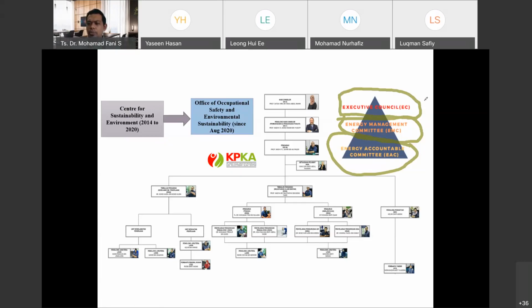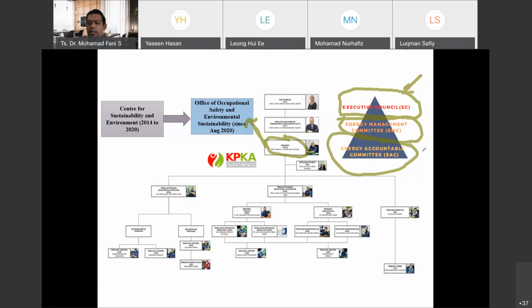The energy manager will report to the Energy Executive Council, which consists of all the top management in UTM, including a dean, assistant vice chancellor, and deputy vice chancellor, and is chaired by the vice chancellor. The EMC will be chaired by the director of this office.